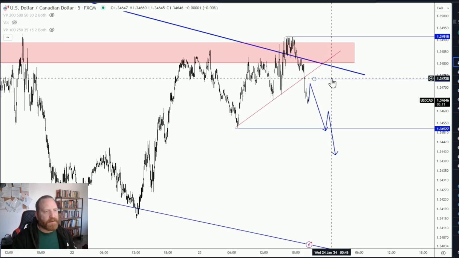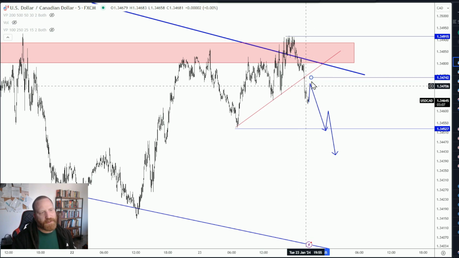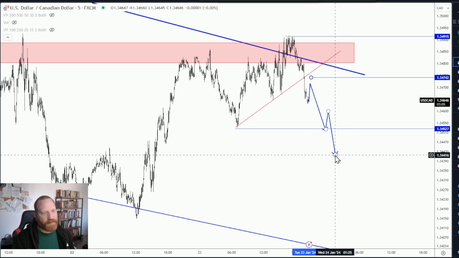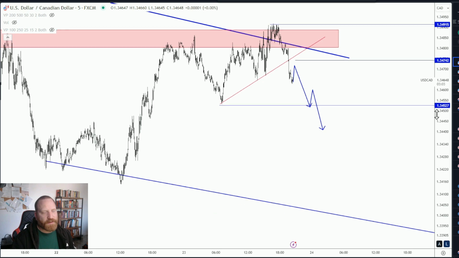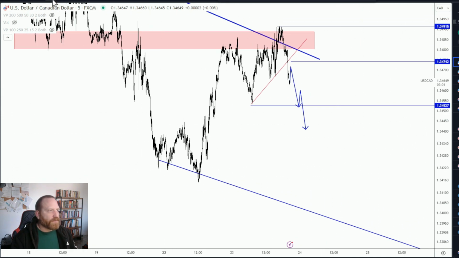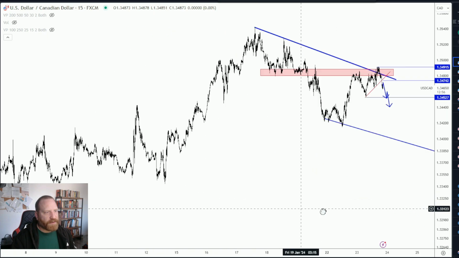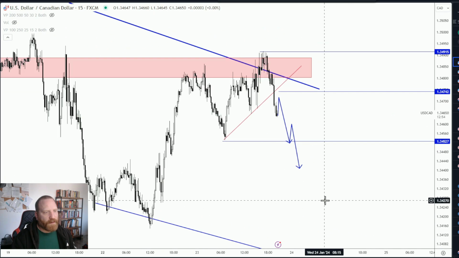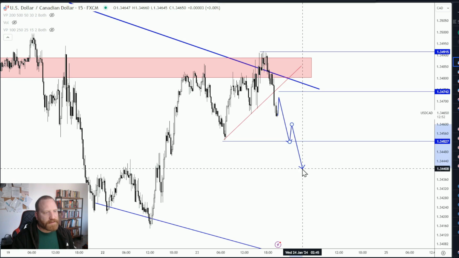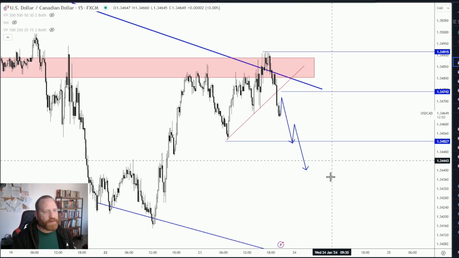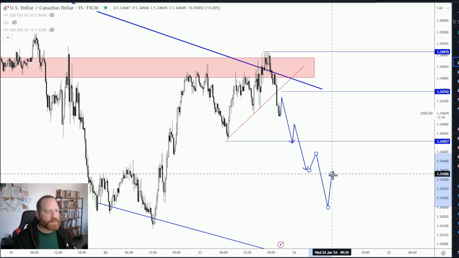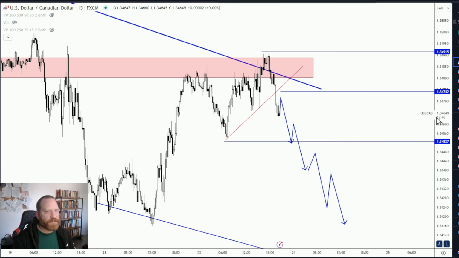My entry would be somewhere above the last swing high over here, and then I would have two positions, and I would sit on my hands for a bit to see how the trade plays out. That's how you do it. You just wait for lower lows, lower highs, and you keep adding to your position.